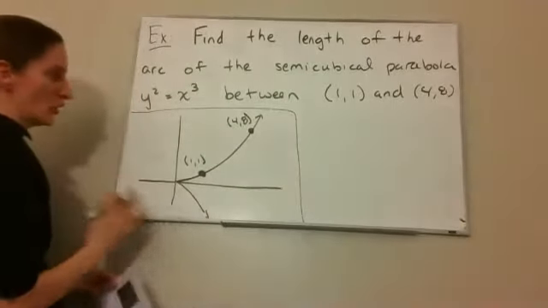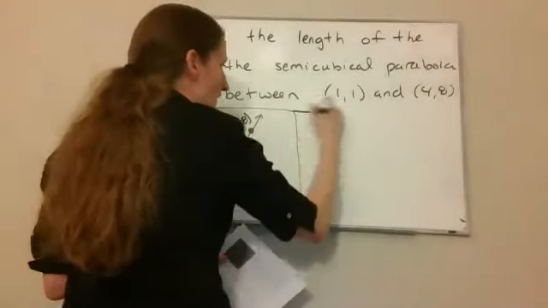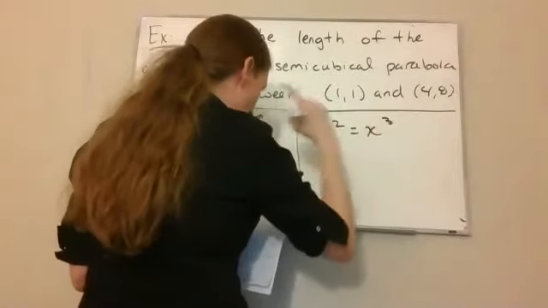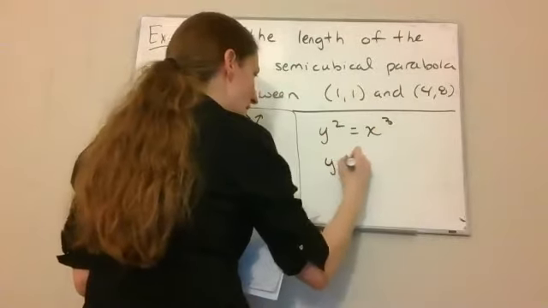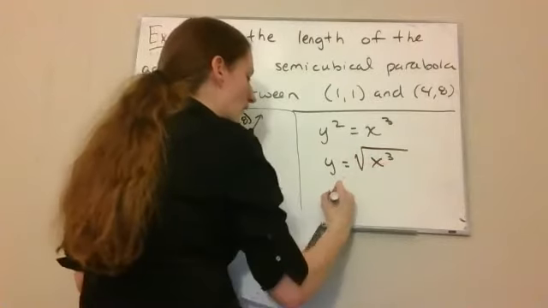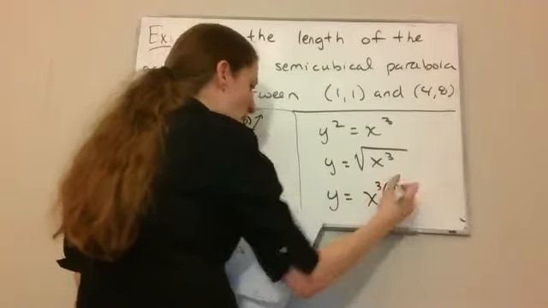Now, for the part of the curve that we're actually concerned about, we have that y squared equals x to the third, and y would then be equal to the square root of x to the third, which is the same thing as x to the 3/2 power.